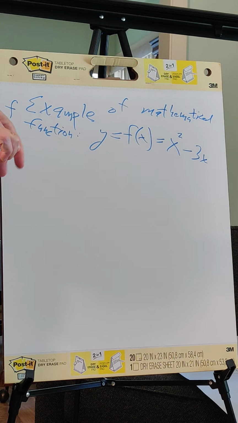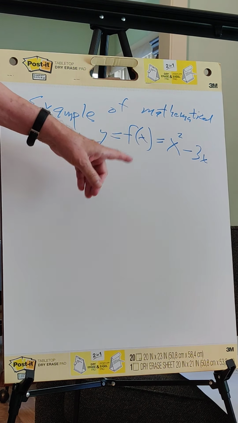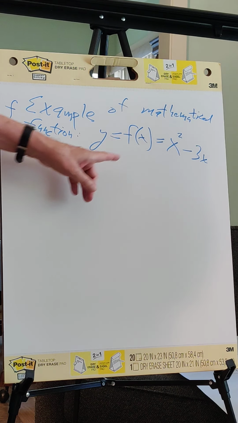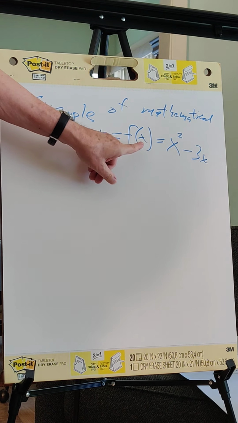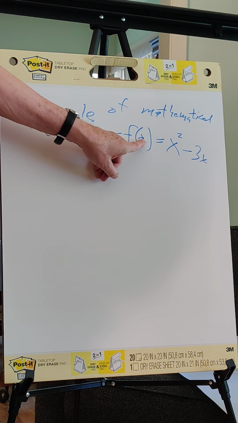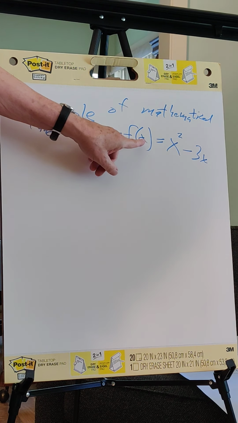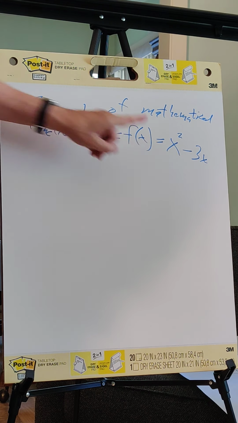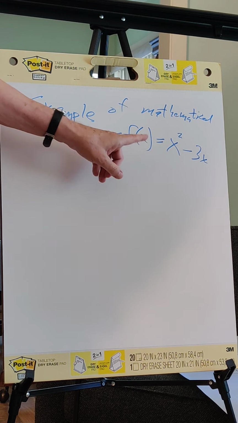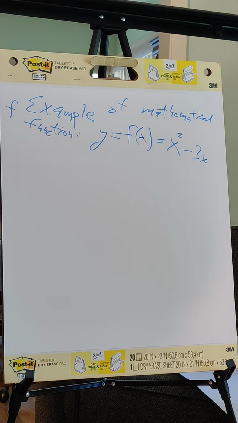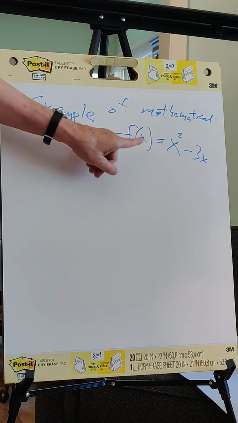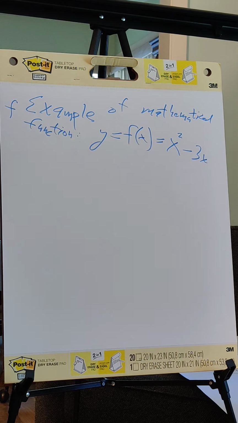Now, the way it works is it's a rule that assigns to any numerical value that we give to x an output value. So x is the input variable, y is the output variable. We also refer to x as the independent variable and y as the dependent variable.